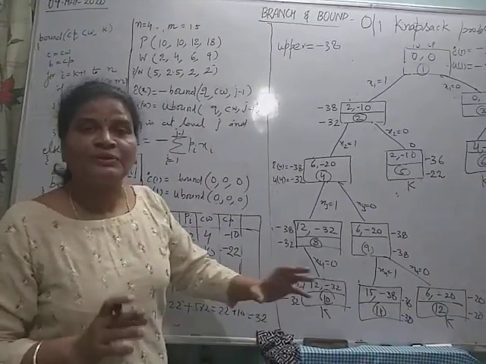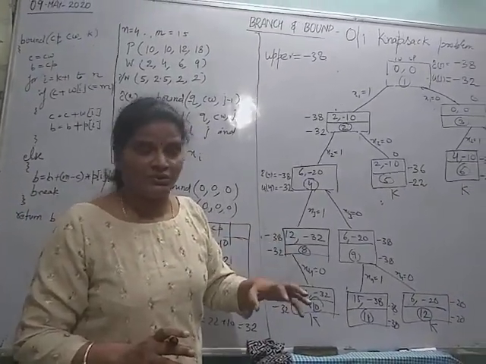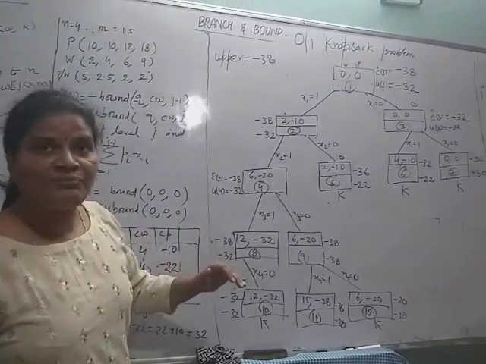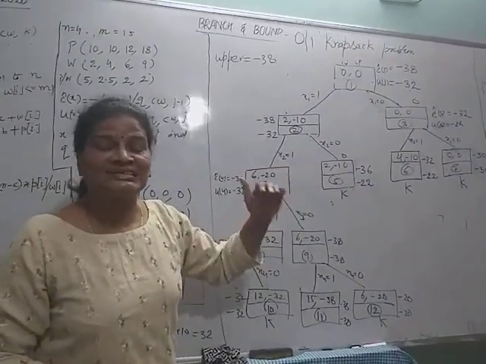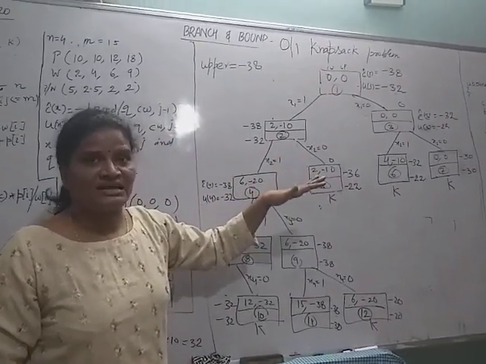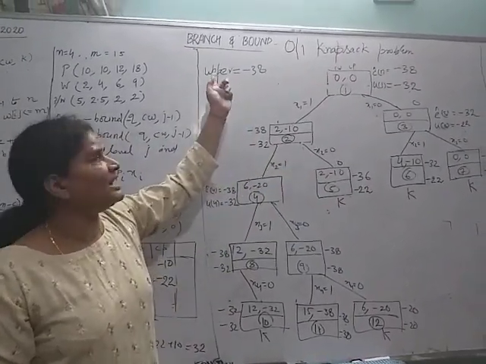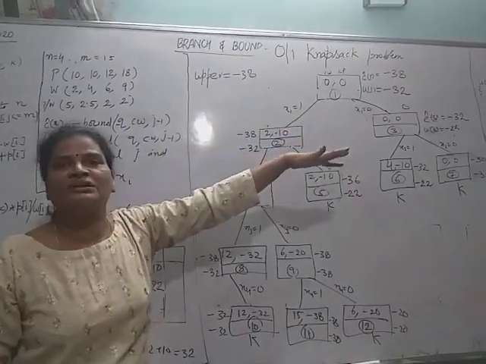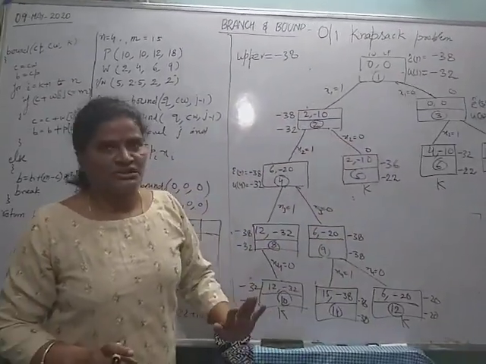So at any particular time, if I have a node where the lower bound, where fractions are allowed, is greater than the upper bound, then that node will not give you the optimal solution.